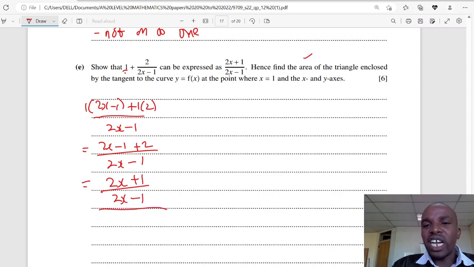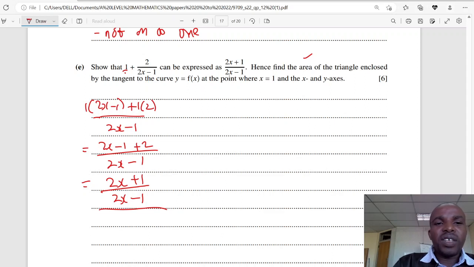Let's find the area of the triangle enclosed by the tangent to the curve y equals f of x at the point where x equals 1, and the x-axis and the y-axis.